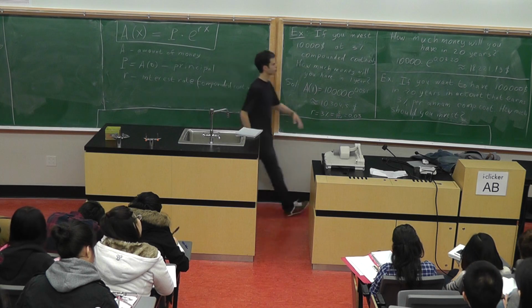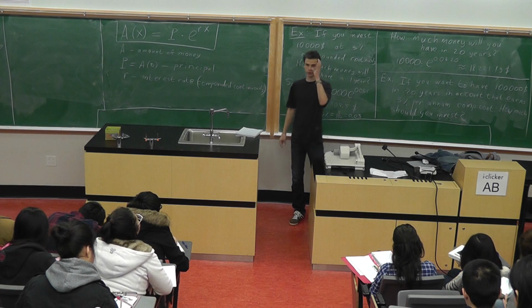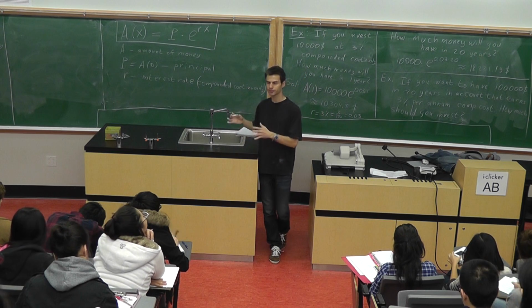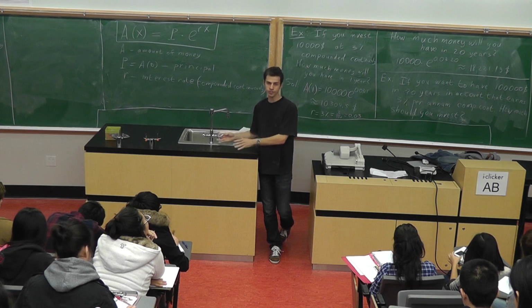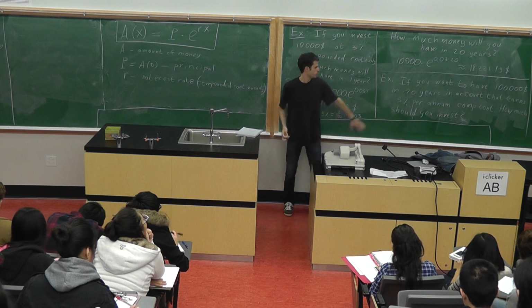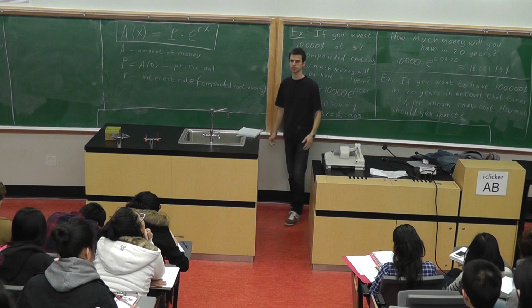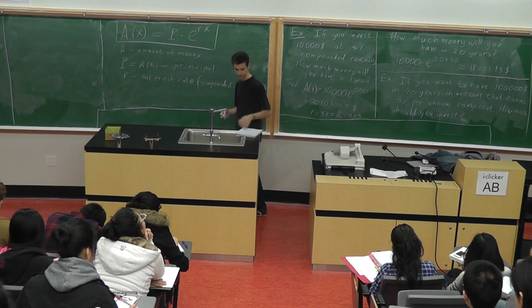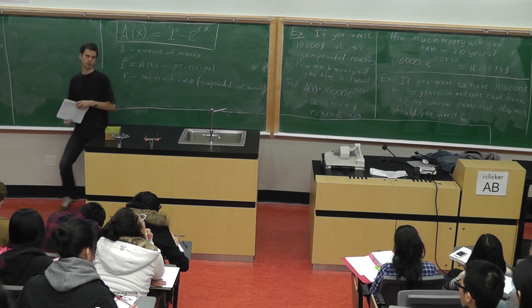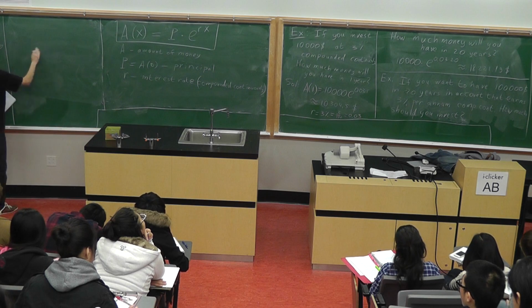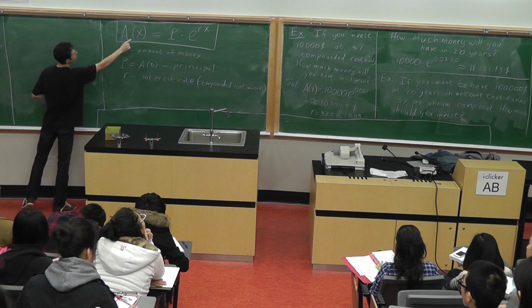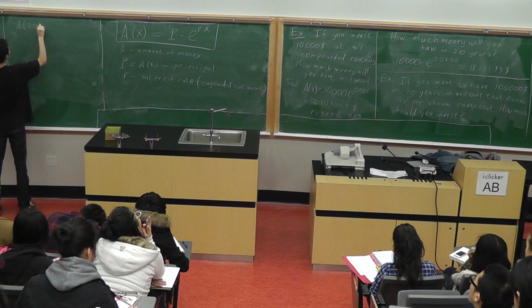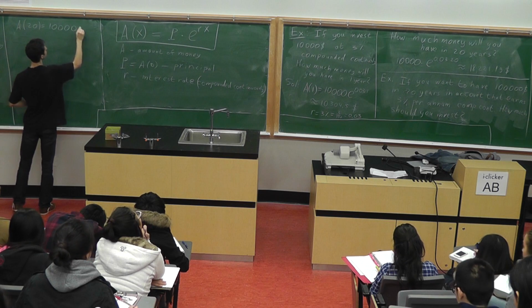So now we are talking about kind of a planning problem. We have a given target, we want to have $100,000 in 20 years. We know what kind of account we are using, and the only question is how much should we put into the account right now. Well, also a very simple problem. You know how much money you will have in the end, so you know A of 20. So you know that A of 20 is 100,000.